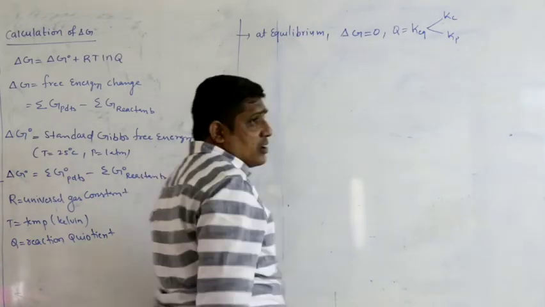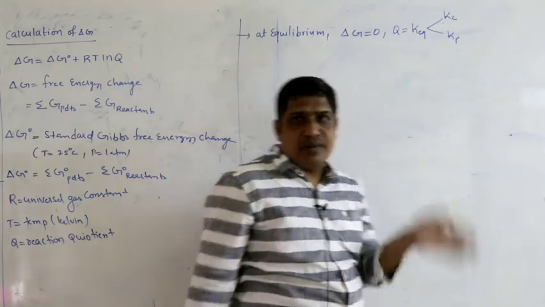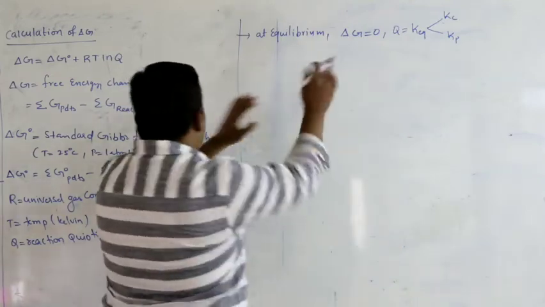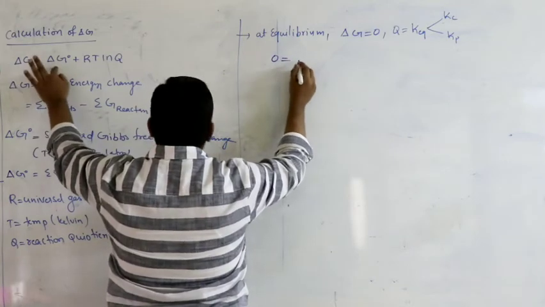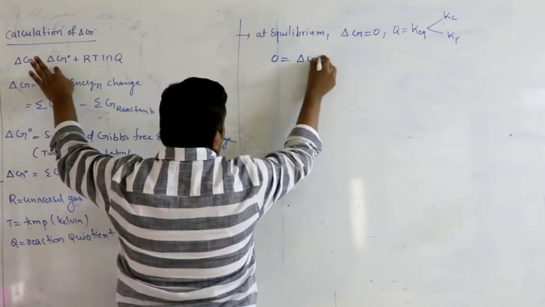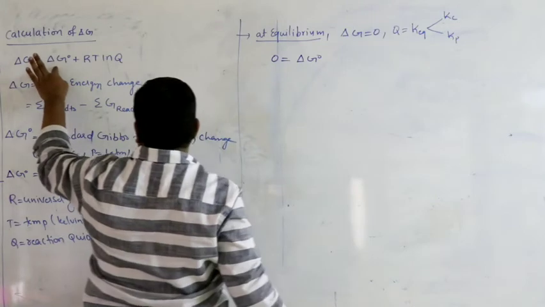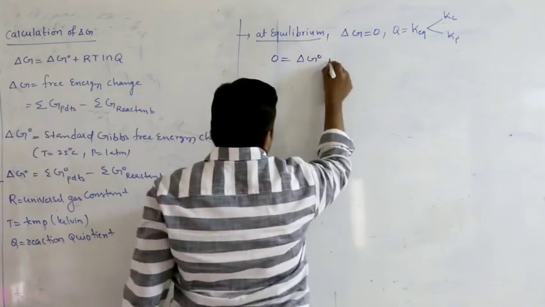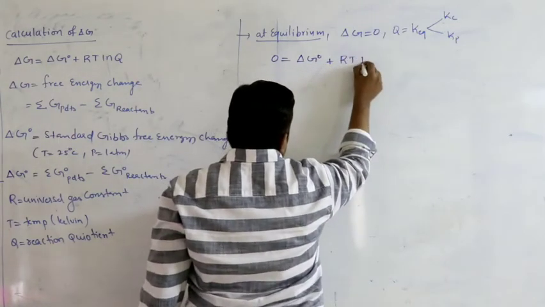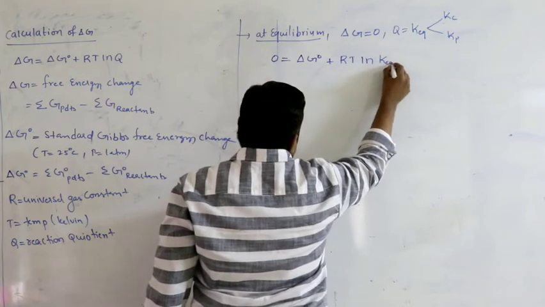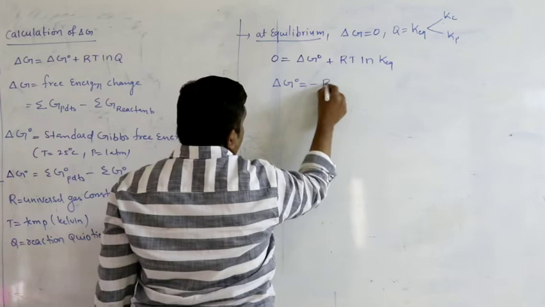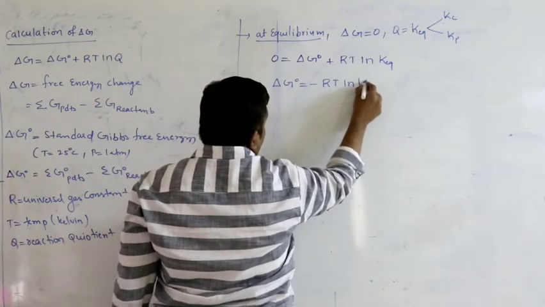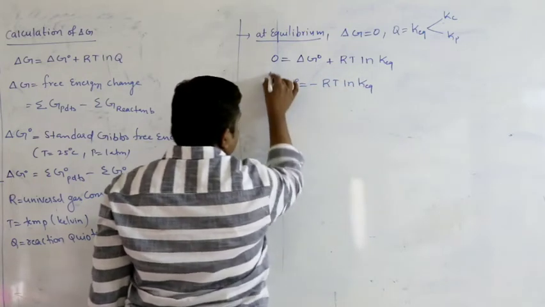If you take molar concentration, it is Kc; if you take partial pressure, you have to write it as Kp. Substituting this here, delta G is 0, assuming the system is at equilibrium. So 0 equals delta G naught plus RT log K equilibrium, or delta G naught is minus RT log K equilibrium.